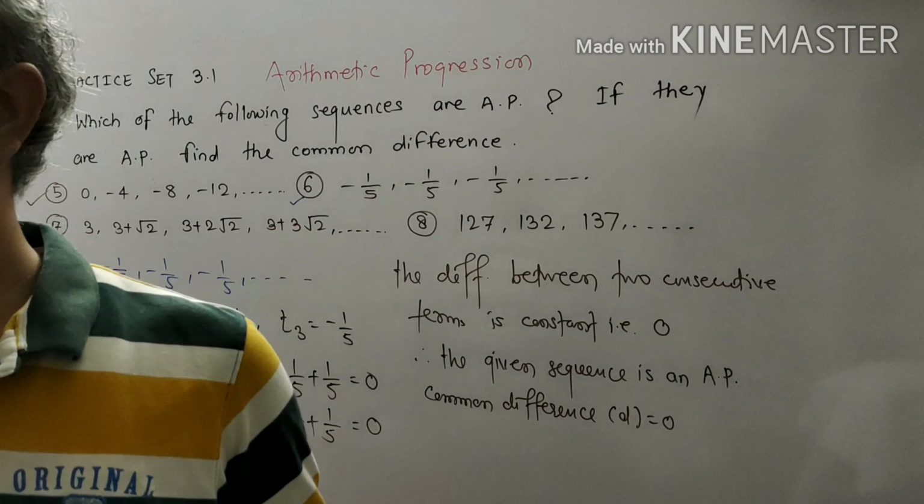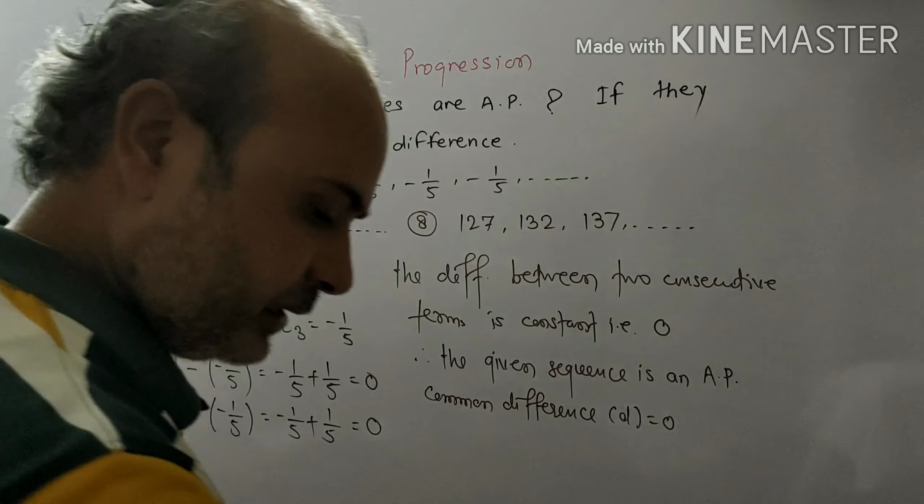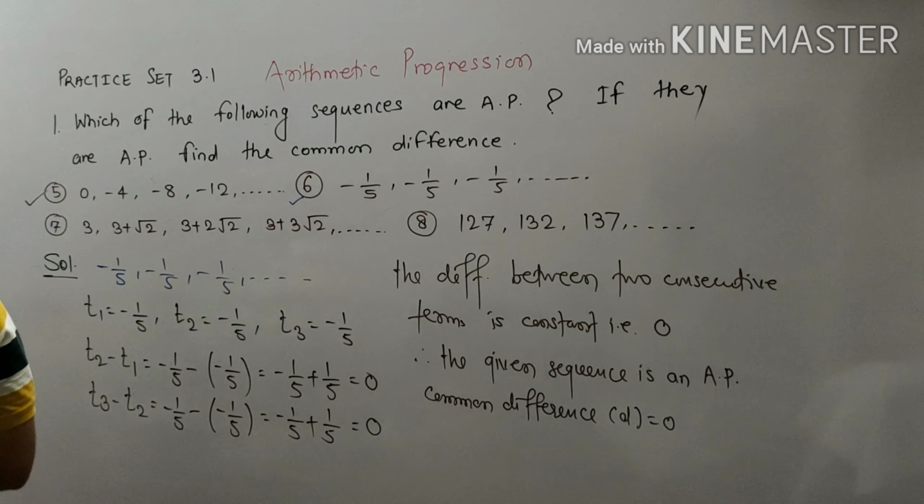Clear, student? So your common difference is 0. Clear? Now we will see the seventh one.